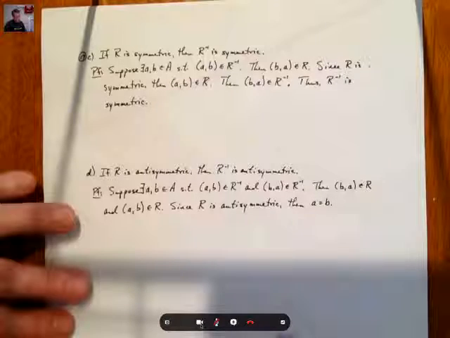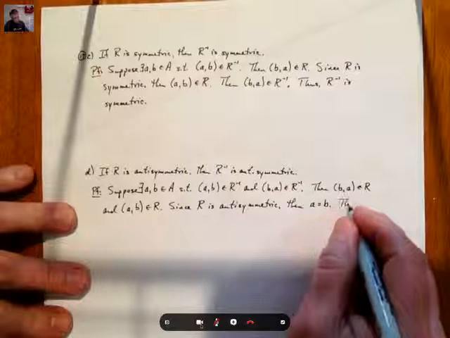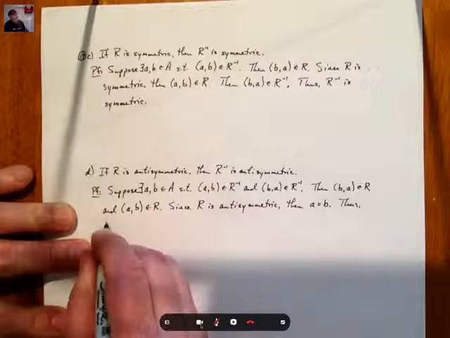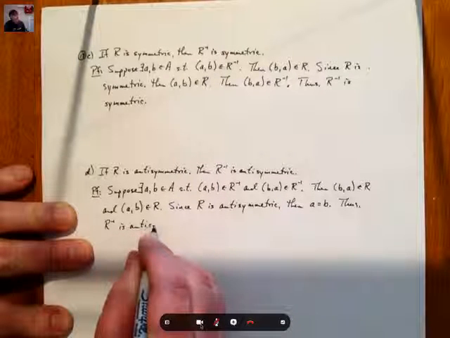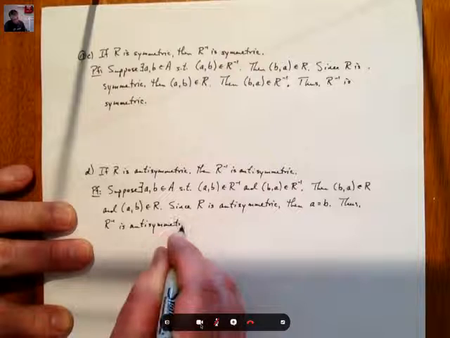And that's all we had to show for R inverse. Thus, R inverse is antisymmetric.